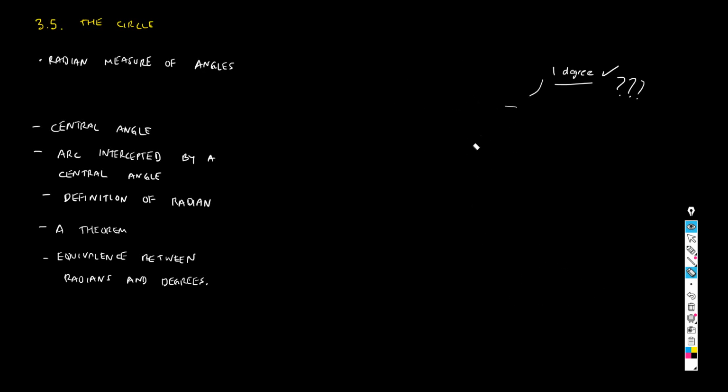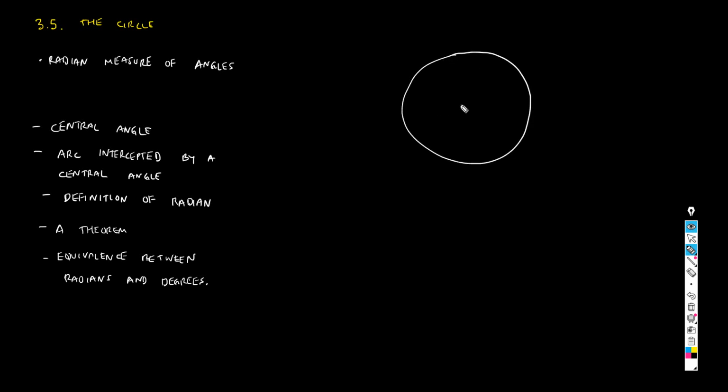So we're going to start by giving some very simple context. Let's talk about a central angle. What is a central angle? When you have a circle and you draw an angle such that its vertex is located at the center of the circle, this is the vertex.